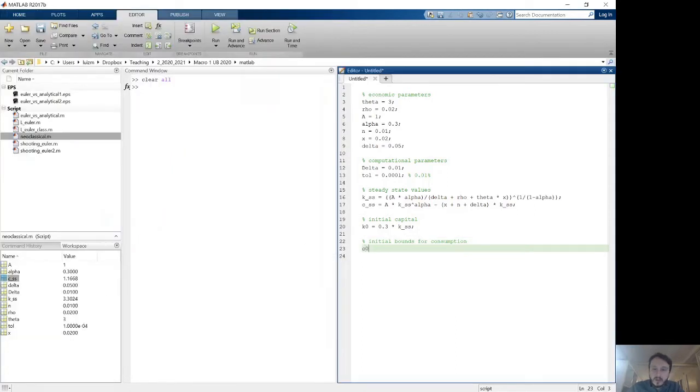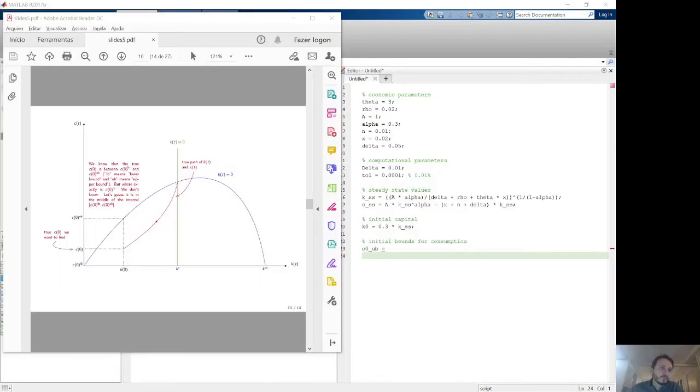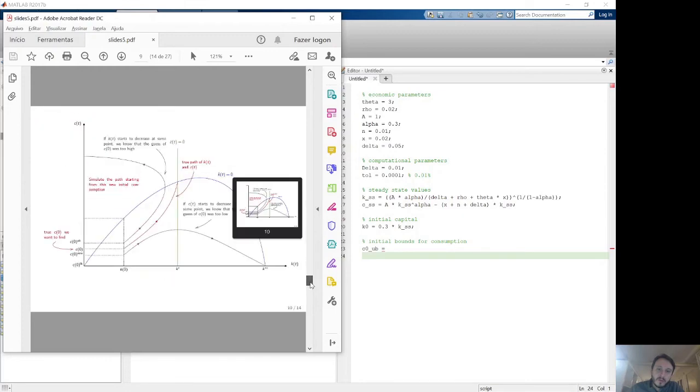So let's call here C0 UB, which is the upper bound. How do we find the value of the initial upper bound for consumption? Notice here that the initial value for the upper bound of consumption is associated with the K dot equal to 0 locus when the capital level is the initial capital. So there's a slide here.